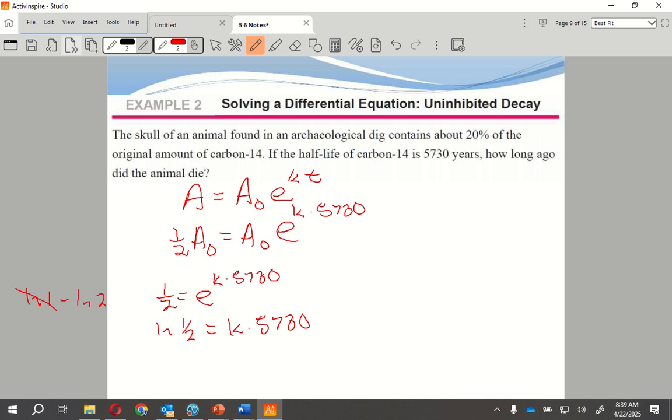That's how it comes out. So this is negative ln 2 divided by 5730 is equal to my k. Question? Good?